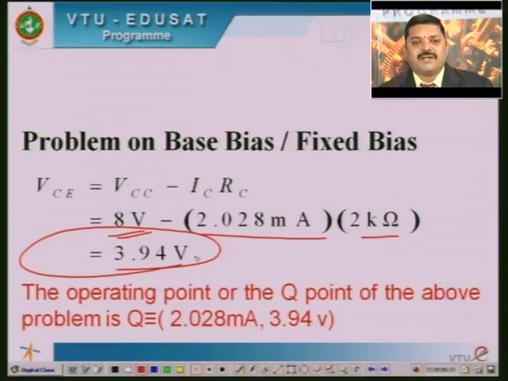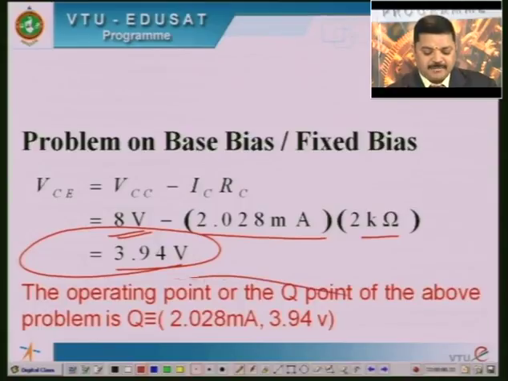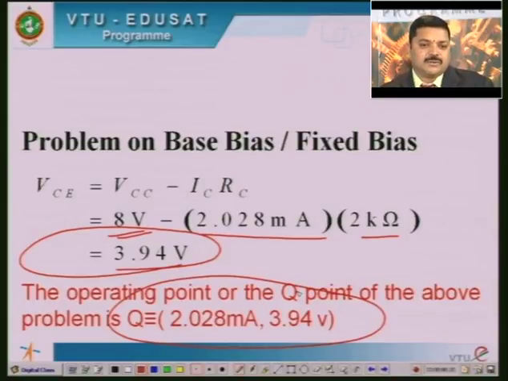So, what is the operating point? We obtained the IC value and the VCE value for this problem. The operating point or the Q point of the above problem will be an ordered pair of IC and VCE, represented by Q. Q is equal to 2.028 milliamps, 3.94 volts, which is the operating point for the given problem.